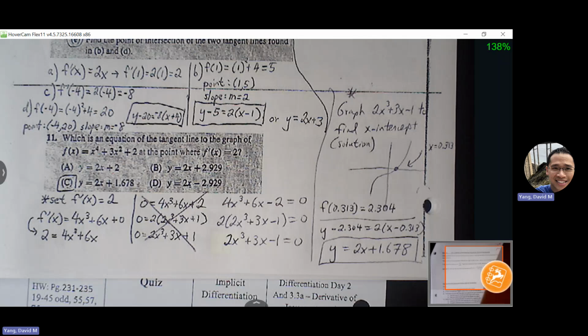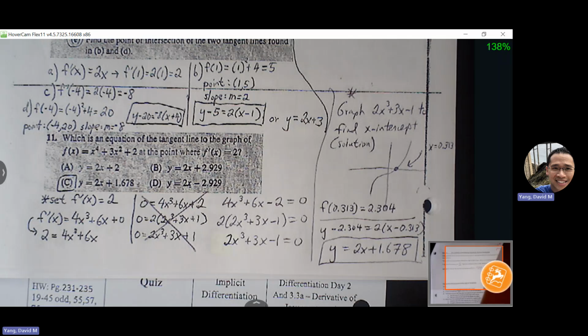So we know that this is the slope that we're after, and let's get these two to be at the same level in terms of the derivative. So I'm going to first find f prime. f prime is 4x cubed plus 6x plus 0, because that 2 goes to a 0. I'm going to use the derivative to help me find the location of this behavior.